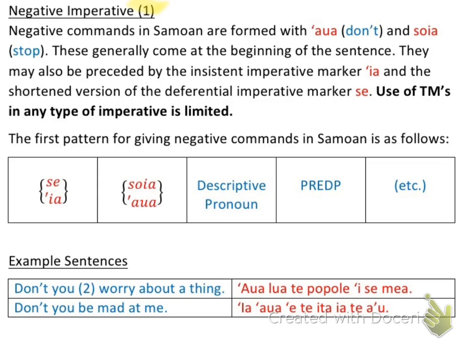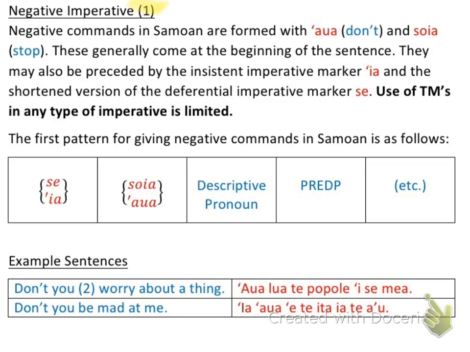So here is the first one. I just want to show you. You're going to have these imperative markers. So depending on if it's going to be insistent, that would be the ia or the ya. And then the say, that's the more deferential, the more soft spoken one. Then you can say soia or awa, depending on if you want to say stop or don't.